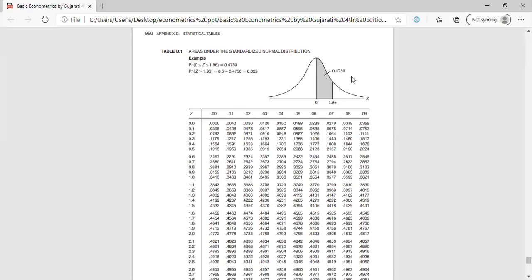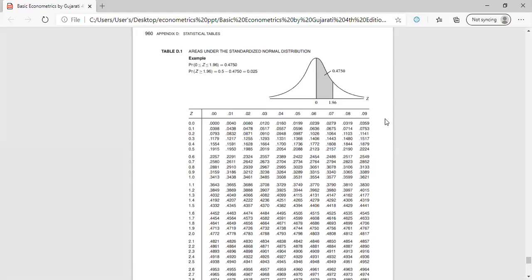The probability, yes, is a positive value, not a negative value. Probability can never be negative. Probability lies between 0 and 1. If you end up with a negative probability in the exam hall, you tell me, Professor, something is wrong in my calculation. So I know that you know what probability is.